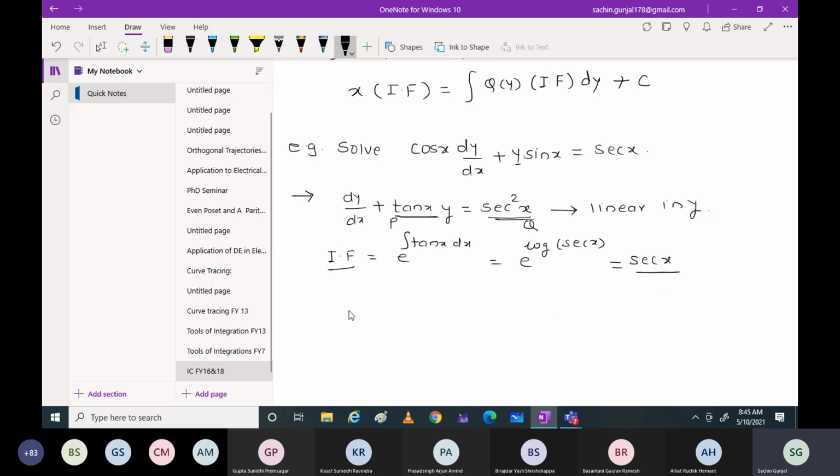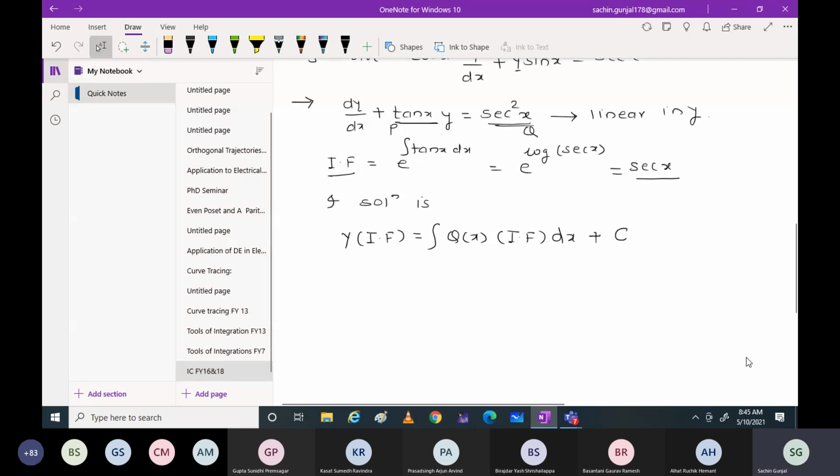And what is its solution? The solution is: the dependent variable, which is y, into the integrating factor is equal to integral q of x into the integrating factor dx plus c.